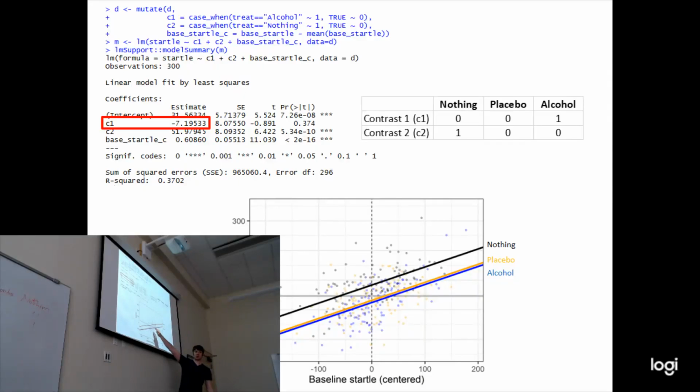And notice, of course, how the slope of all three lines is the same. So it's something else. It's the difference between both lines. It's the difference between placebo and alcohol. Yes, exactly. So it's the vertical distance that you have to travel when you go from the placebo line to the alcohol line.